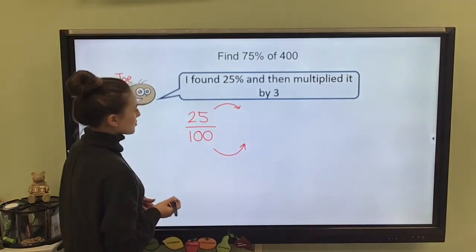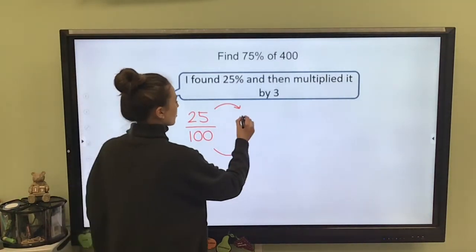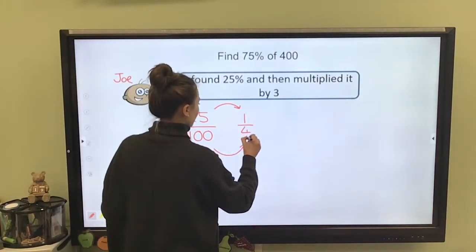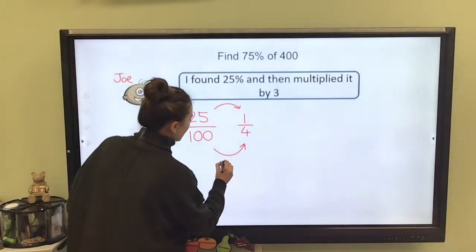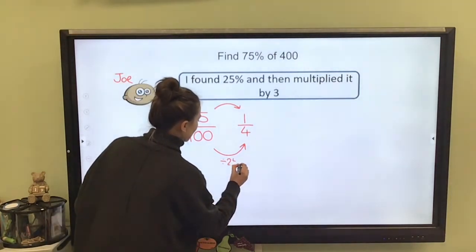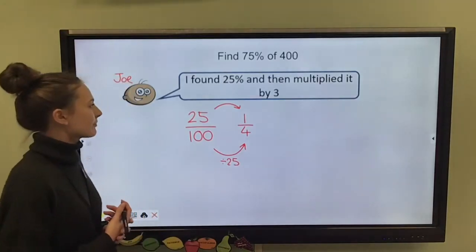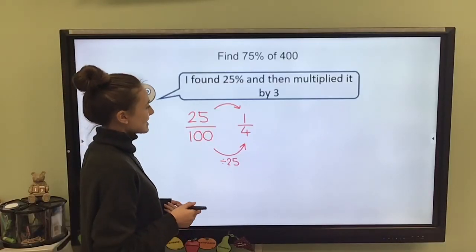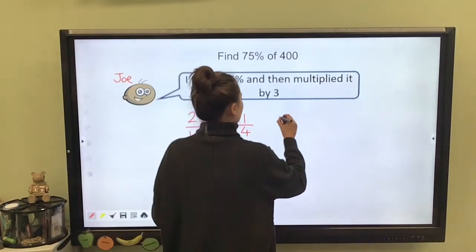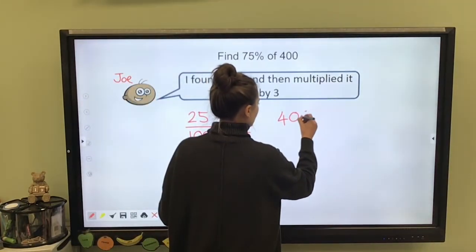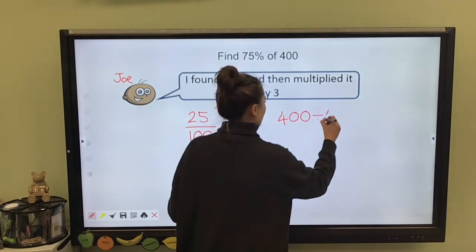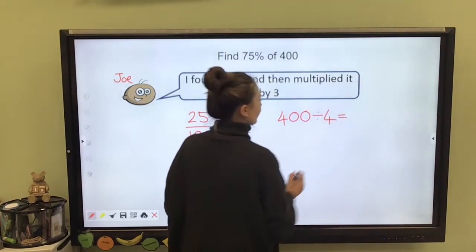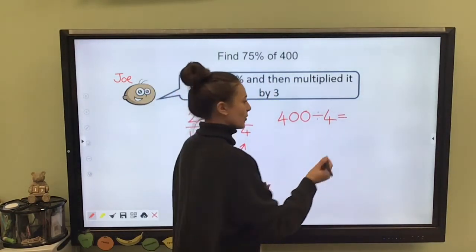We can simplify 25 100ths to 1/4, dividing our numerator and our denominator by 25. So to find 25%, Joe would have needed to divide his whole by 4. His whole is 400, so 400 divided by 4 is 100.